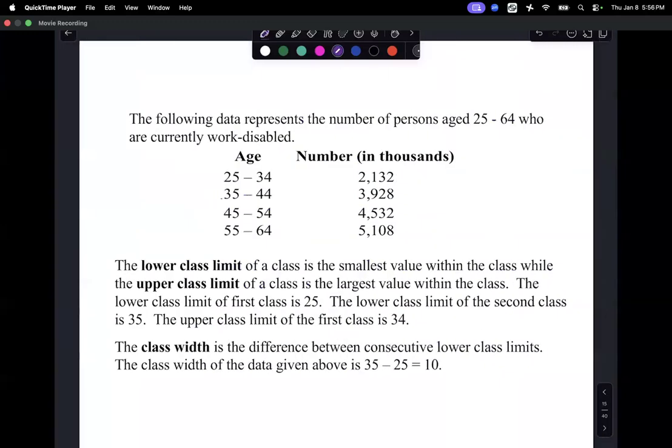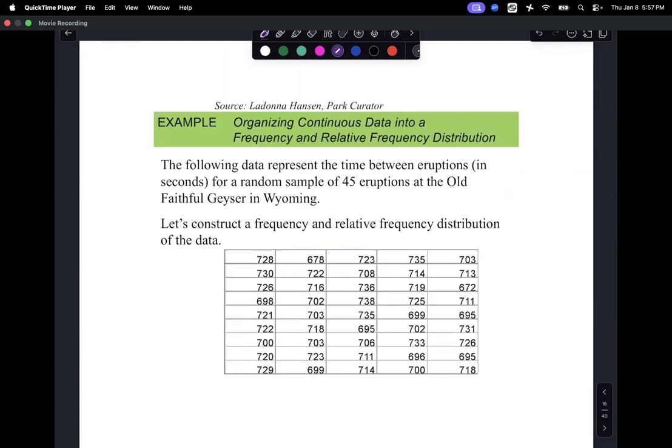But for example, if I made a histogram of this right here, I would label it. I'm just going to put random bars. These bars are not going to be accurate. This would say 25, and then this would say 35 and 45 and 55. Does that make sense? Okay, good. Great question.